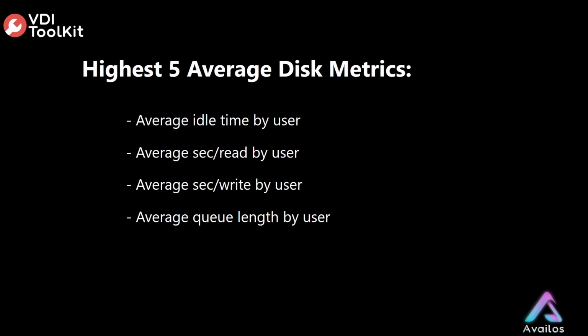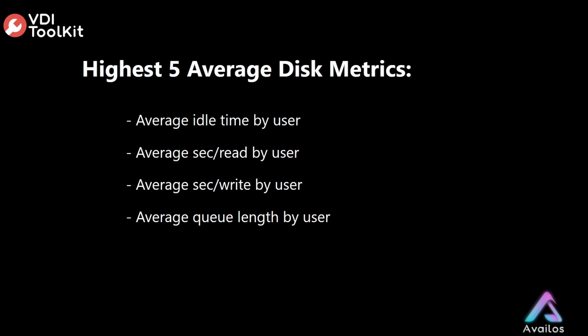Highest 5 average disk metrics provide information on average idle time by user, average seconds per read by user, average seconds per write by user, and average queue length by user. This can help in identifying users within your virtual desktop environment that are the highest consumers of disk resources.